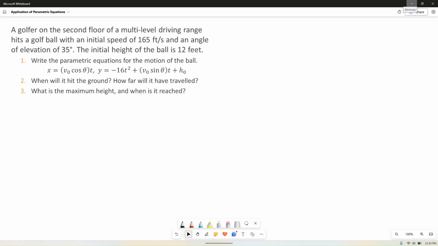So the graph of a projectile motion problem is always going to be a parabola opening down, because of the negative t squared term. To write the equations for this specific problem, we just need to fill in those two generic equations with the values we're given.